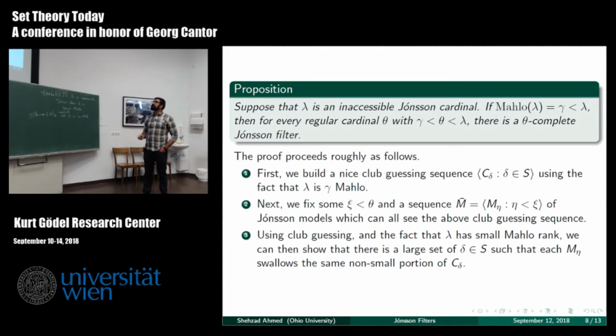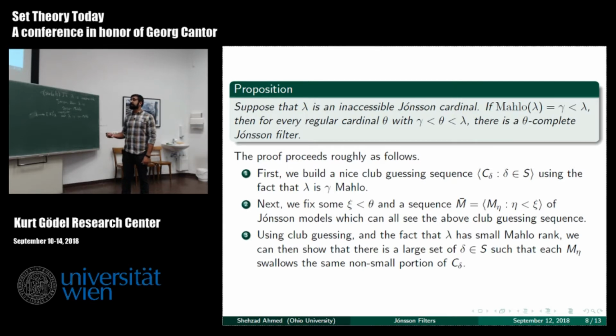Then we essentially use the club guessing to show that there's a large set of delta where each M eta in this sequence swallows the same non-small portion of C delta. That has to do with the fact that Jónsson models tend to swallow non-accumulation points of clubs in club guessing sequences.